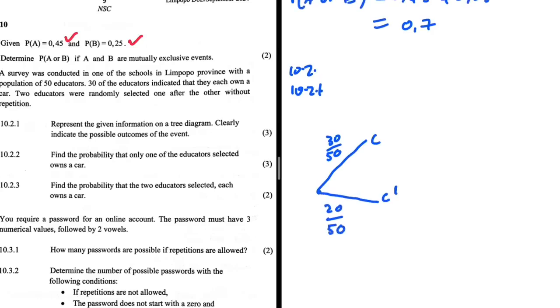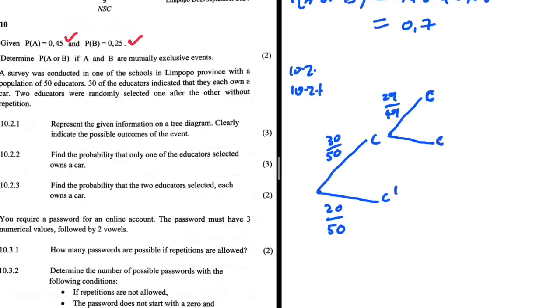So let's say that the first teacher to be selected randomly has a car. So what is the probability that on the second selection, the teacher selected would also have a car? There is no replacement here of any sort, right? So now we are left with 49 teachers because the first teacher with a car has been selected, and then how many teachers with cars are left? 29, because there are 30 in total.